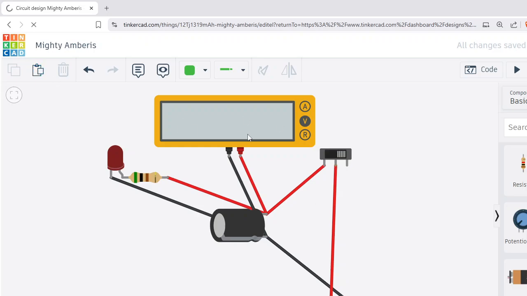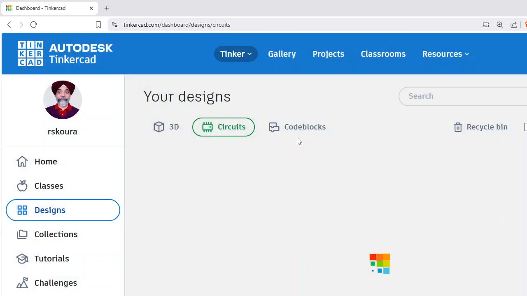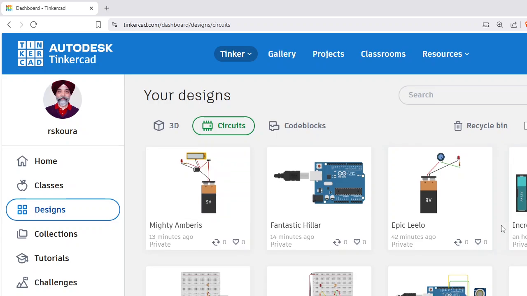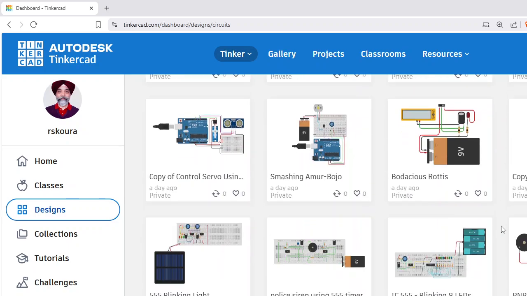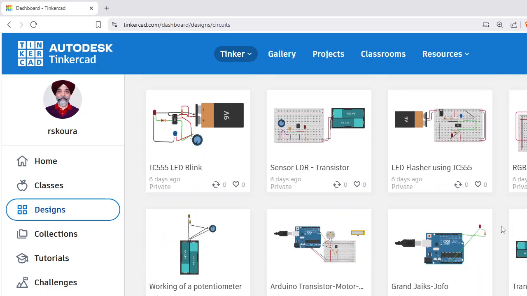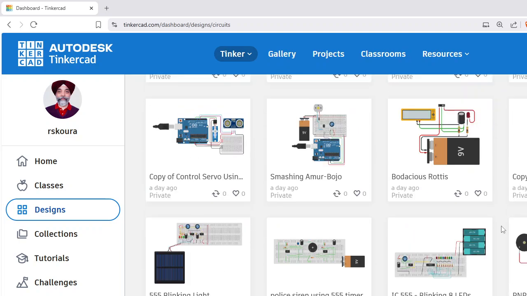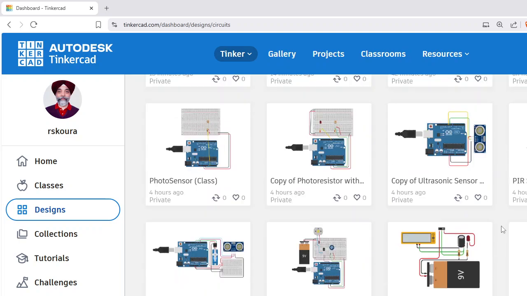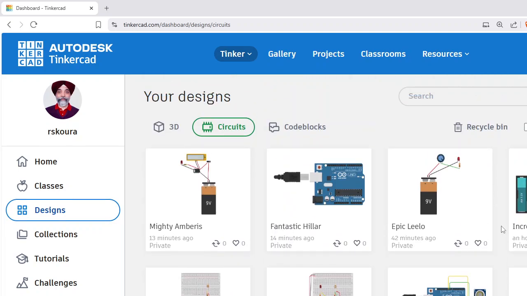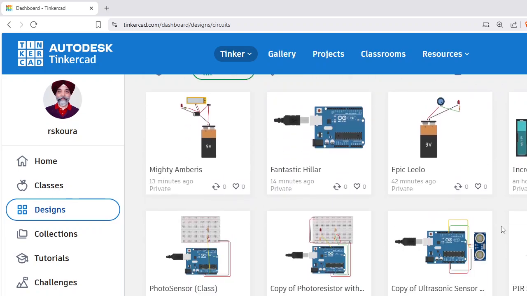Let me see mine that I had created. Where is it?